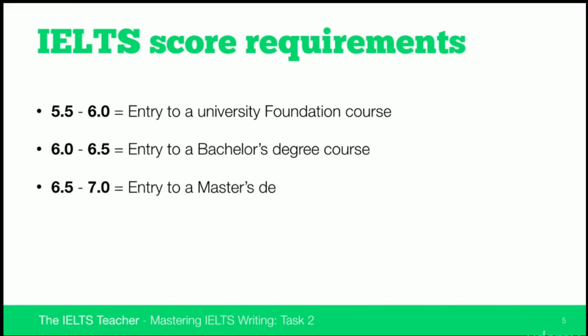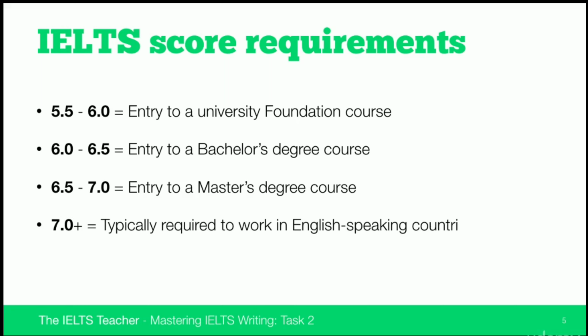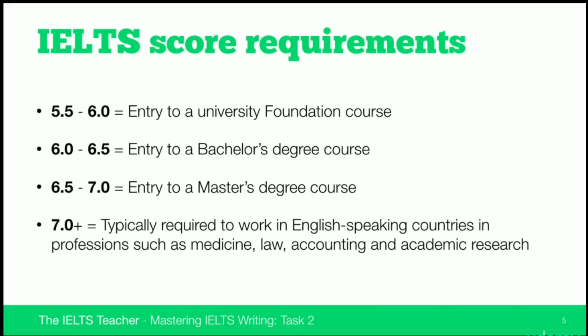A 6.5 to a 7 may give you entry to a master's degree course, and a 7 and above, these scores are typically required to work in English-speaking countries in professions such as medicine, law, accounting, and academic research. But as I mentioned, different institutions will take different scores, so do make sure you research and find out exactly what you need in order to apply for your chosen institution or visa.